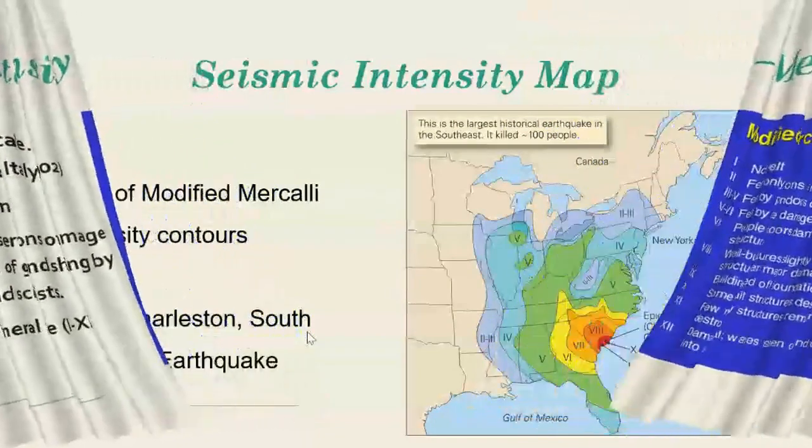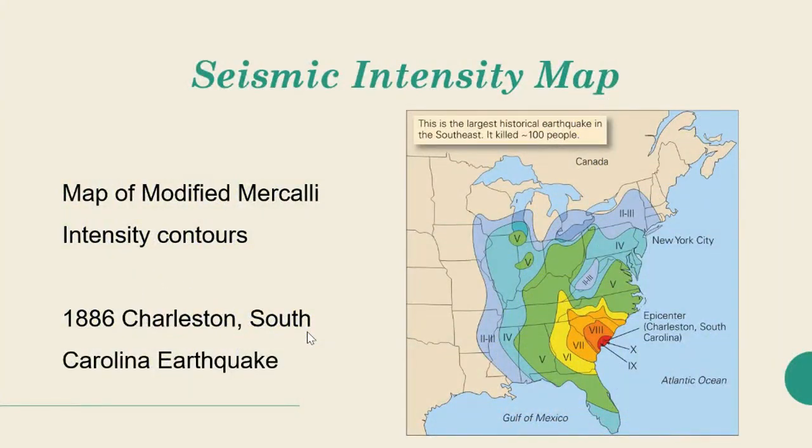Seismic intensity maps are drawn up by what the Mercalli rating is at each location nearest the epicenter. You can see pictured here a seismic intensity map of the 1886 Charleston, South Carolina earthquake. In this one, you can see that the highest of the shaking felt was near the coastline, and then it radiates out in a bullseye pattern from there.